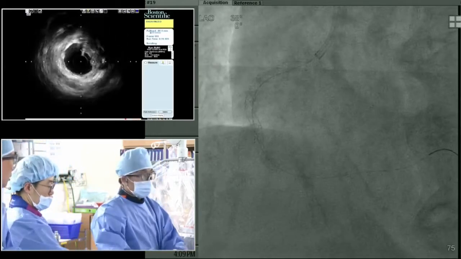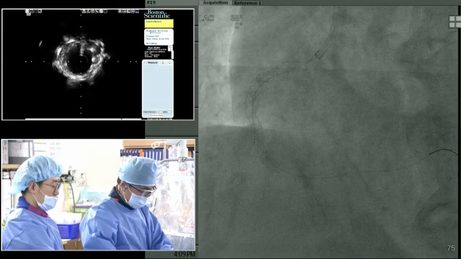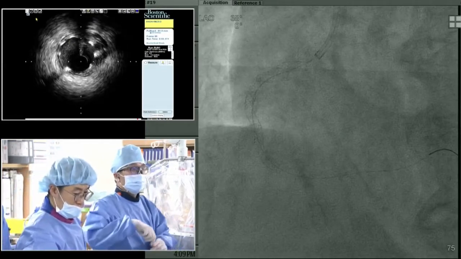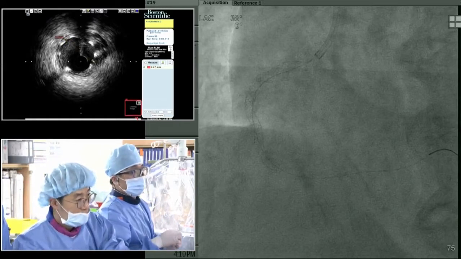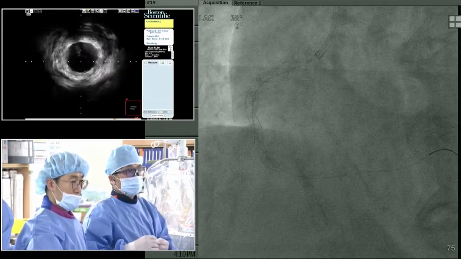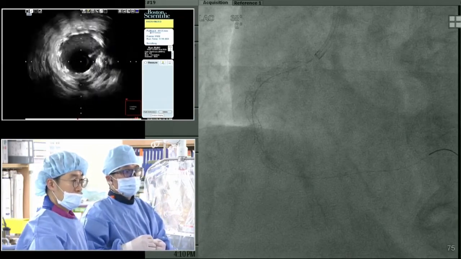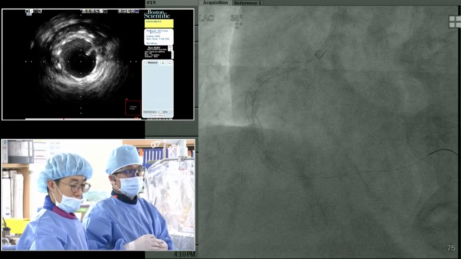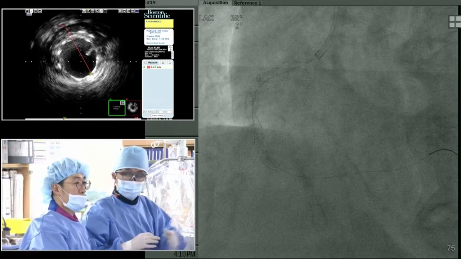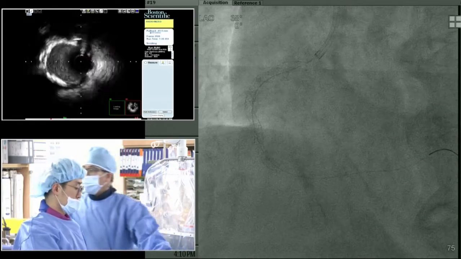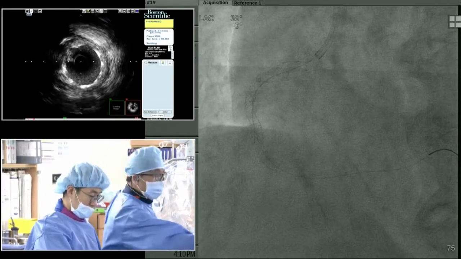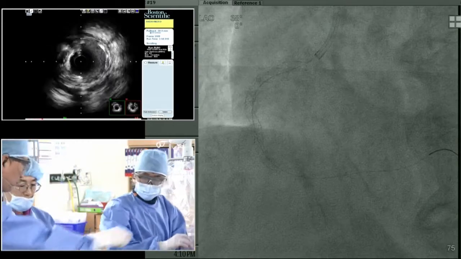Could you see the vessel size? How about the vessel size? How about proximal? This one part is maybe really 3.75 or something. Okay, 3.75. We will use a 3.75 non-compliant balloon.